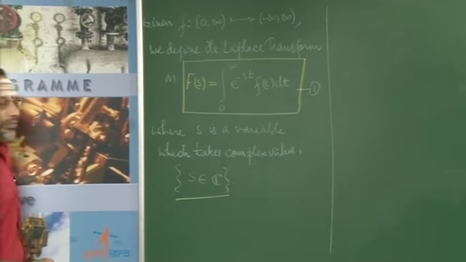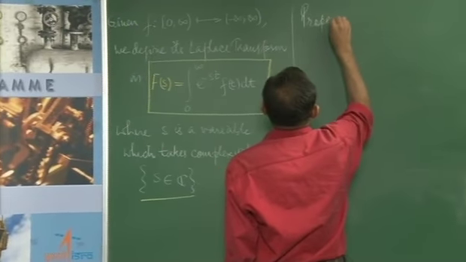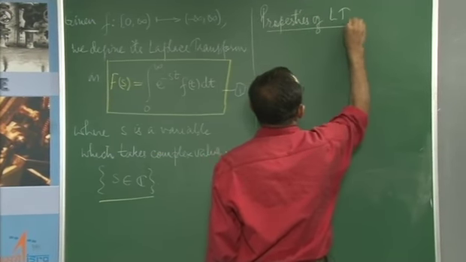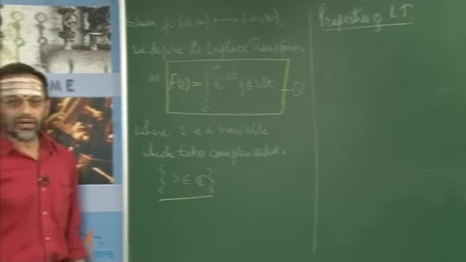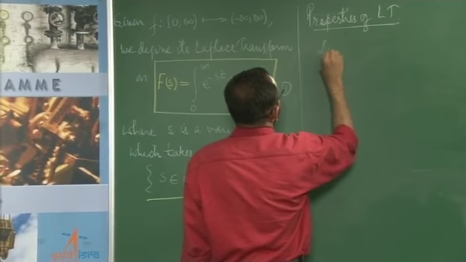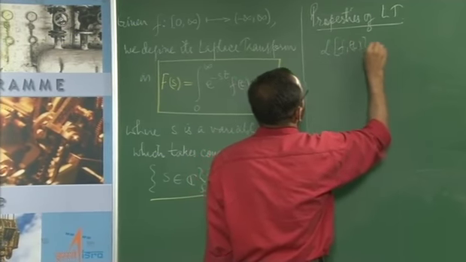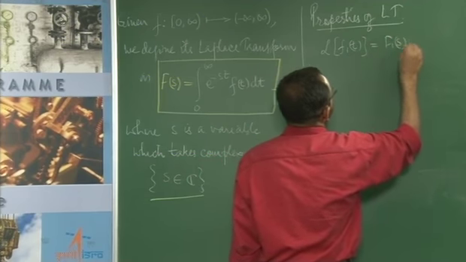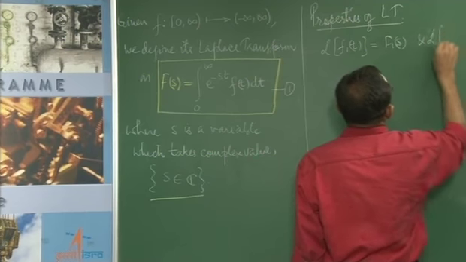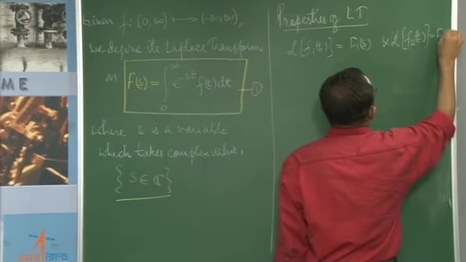Now, let us see what are the properties of this Laplace transform. We will combine 1 or 2 properties directly. Now, let us say L of f1 of t equal to F1 of s, and L of f2 of t equal to F2 of s.